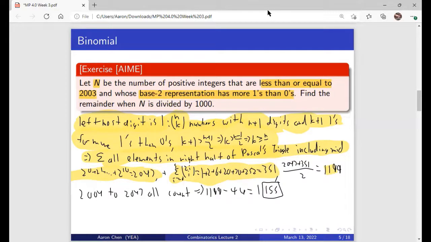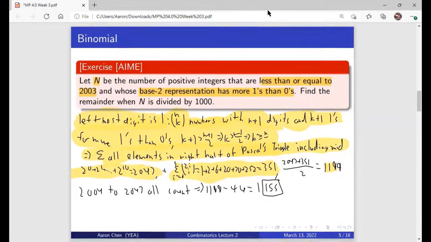And we're not done yet, and that's because we need to see that the numbers are at most 2003, not 2047. And so also, all the numbers from 2004 to 2047 work, and that's because there's already enough ones in there that there's already more ones than zeros in all of them.